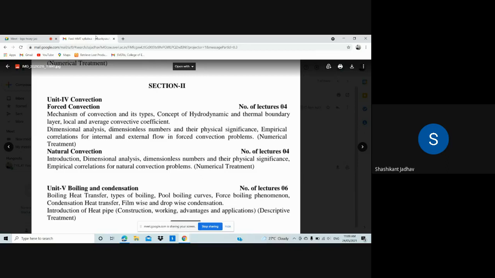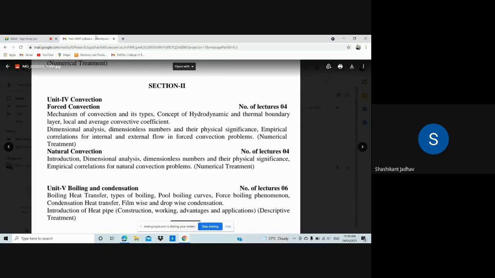comma, empirical correlations for internal and external flow in forced convection problems, full stop, in bracket numerical treatment.